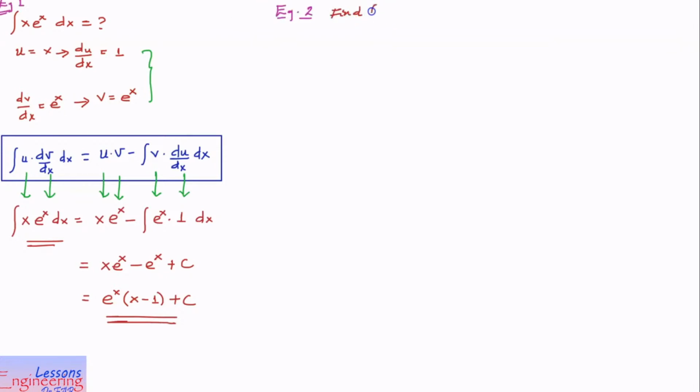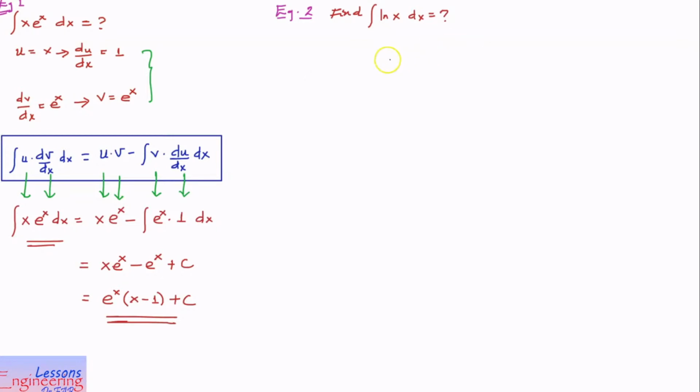Let's write now example 2. Find the integral of ln x dx. We are required to apply the integration by parts method. We quickly understand that to apply integration by parts, we need to have at least a product of functions.